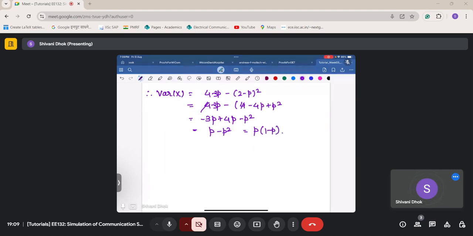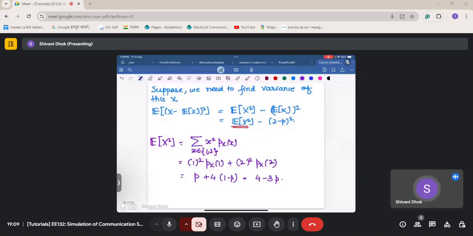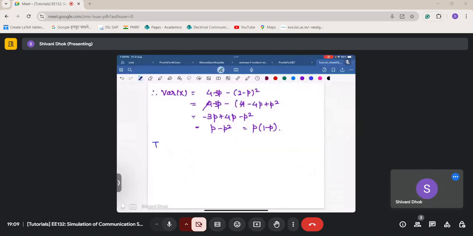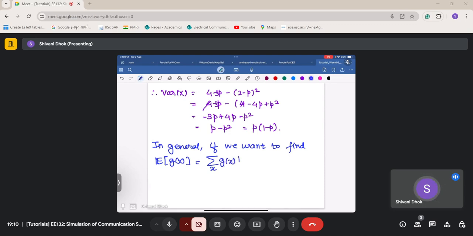Okay. So this is the variance, and in general, if you want to find expectation of any function of x, we can write it as summation over x in its support of g of x into px of x.